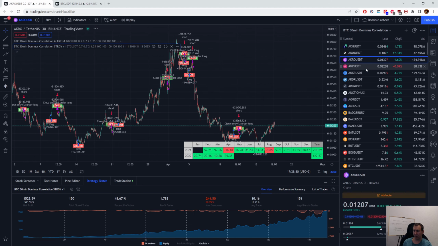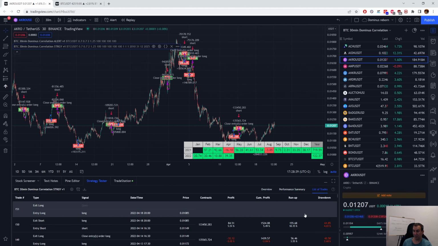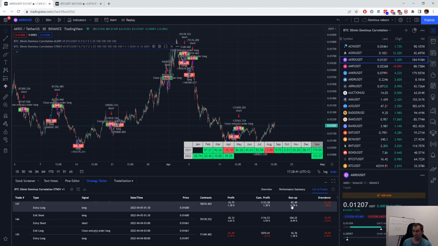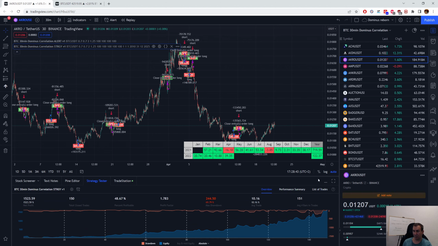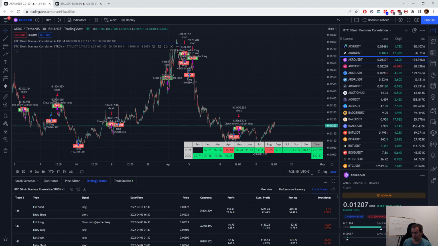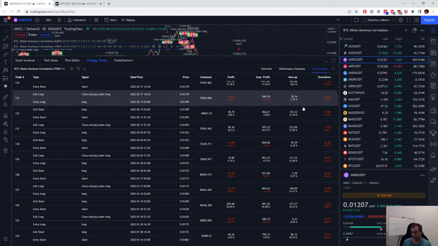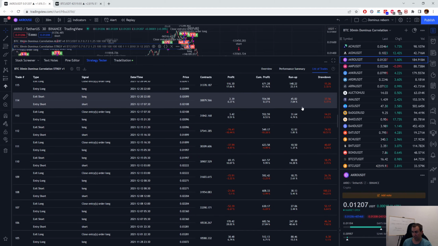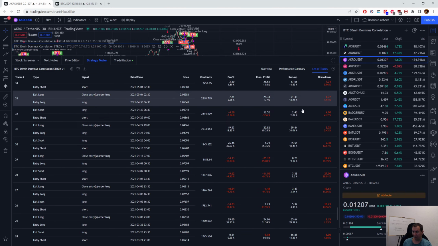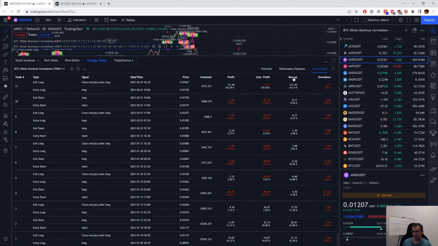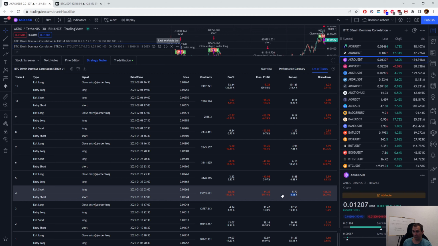Look, for example, Acro, it works amazingly. We have, however, for some reason, in some places some big drawdowns. I don't understand exactly where they are coming from, but probably at certain moments, like for example if we take a trade, you can see that because we don't have a stop loss, and the stop loss that we have is coming from the Bitcoin, it would have been this trade.